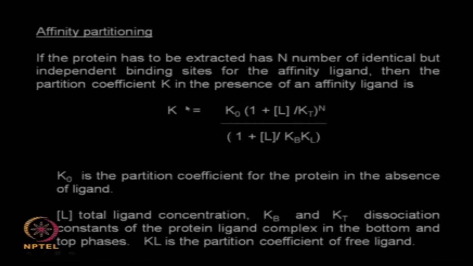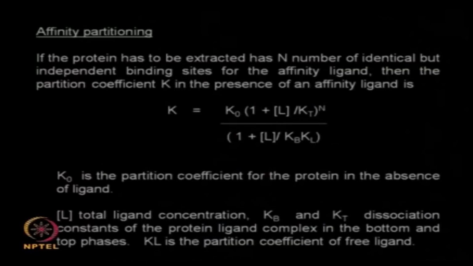So you see the partition coefficient for the protein varies and it depends on the concentration of the ligand I am using, the number of sites available in the protein for the affinity ligand to bind, the partition coefficient of your ligand, and the dissociation constant of the protein ligand in the heavy phase as well as in the light phase.